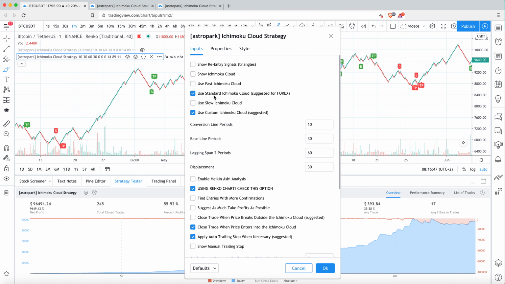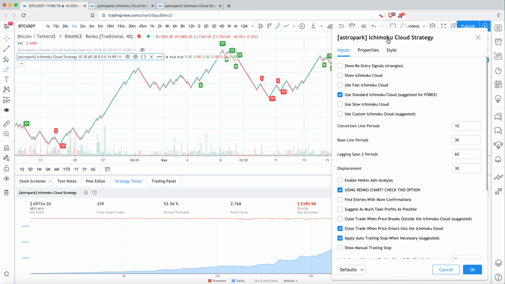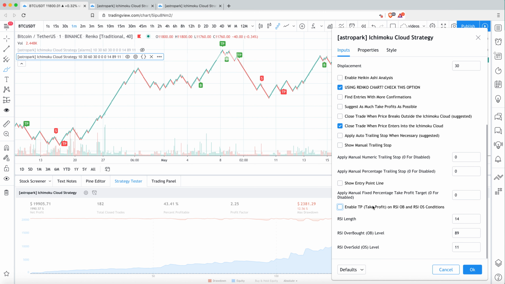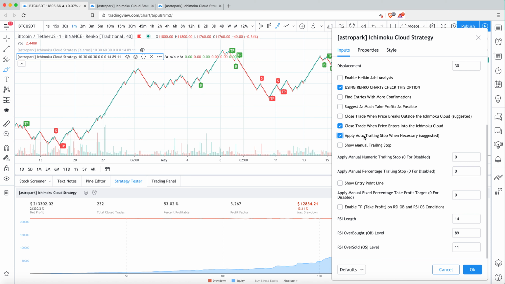Let's move, for example, to the forex. Not the same profit, but always some nice profit. Let's disable this take profit. I don't like it very much. The problem is that you overtrade with this option.